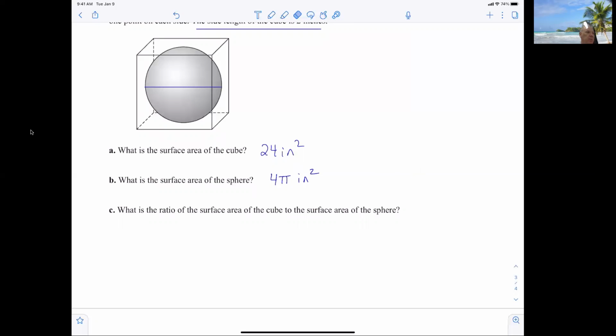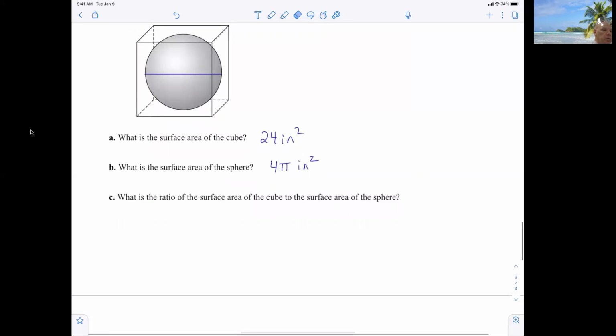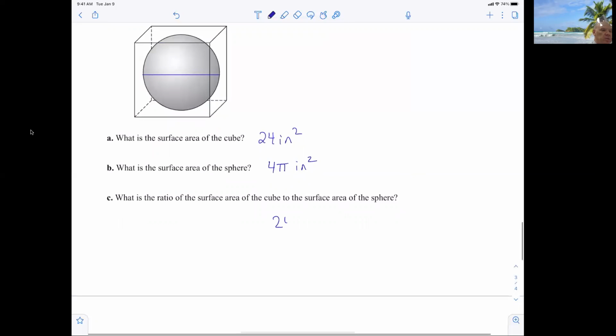All right. So now, what is the ratio of the surface area of the cube to the surface area of the sphere? Surface area of the cube is what? Yes, 24 over 4 pi, so it is what? 6 to pi. If you want to know that's approximately, in math, we just say pi is approximately 3.